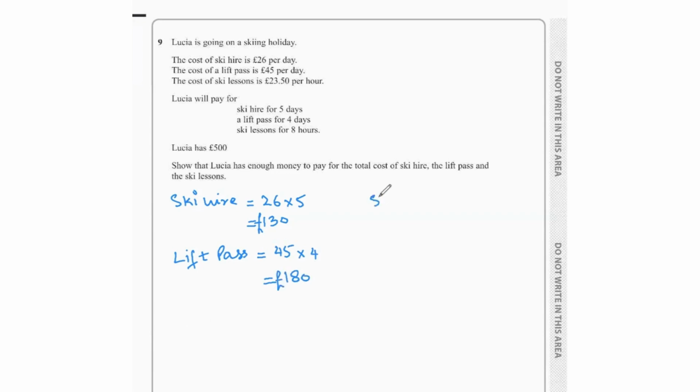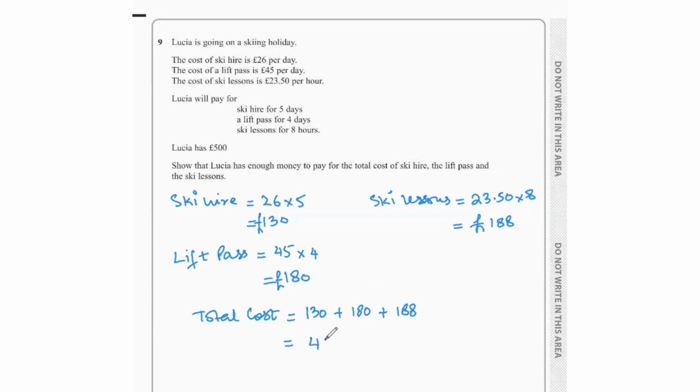And then lastly, your ski lessons. That's 23.50 times 8. That's 188 pounds. So now we have the total cost. That's 130 plus 180 plus 188. That gives us 498 pounds. So does she have enough money? Yes, she does.